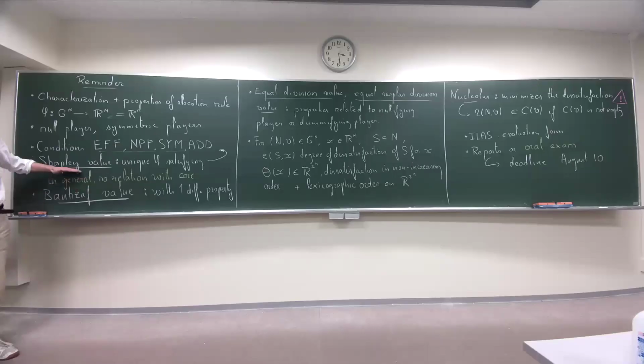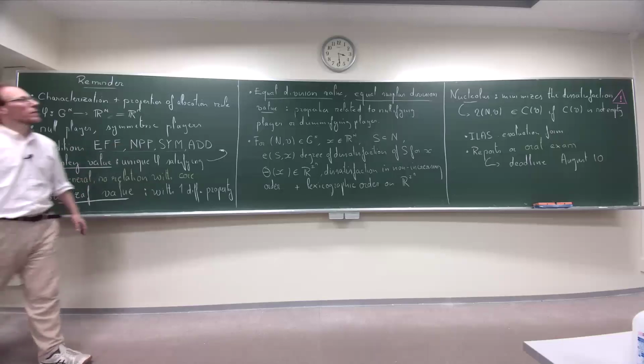On the other hand, this Shapley value in general has no relation with the core. The core is something I introduced 2 weeks ago. There is another function phi, which is called the Banzhaf value. It respects 3 of these properties and 1 more, or a different one. And it's also useful for some applications.